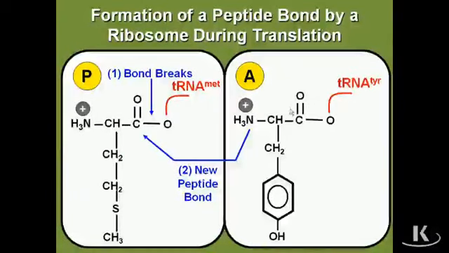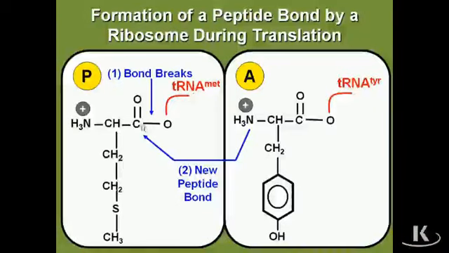So this is coming into the A site, and now, although you can't visualize it on this slide, peptidyltransferase is going to catalyze this reaction with the carboxylic acid of the methionine and the amino group of the tyrosine. There's going to be a peptide bond that forms, and immediately now the ribosome is going to shift.